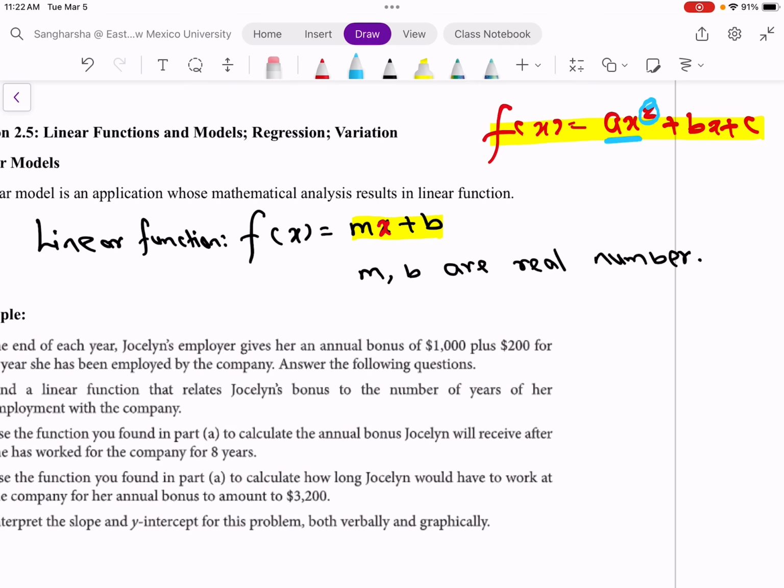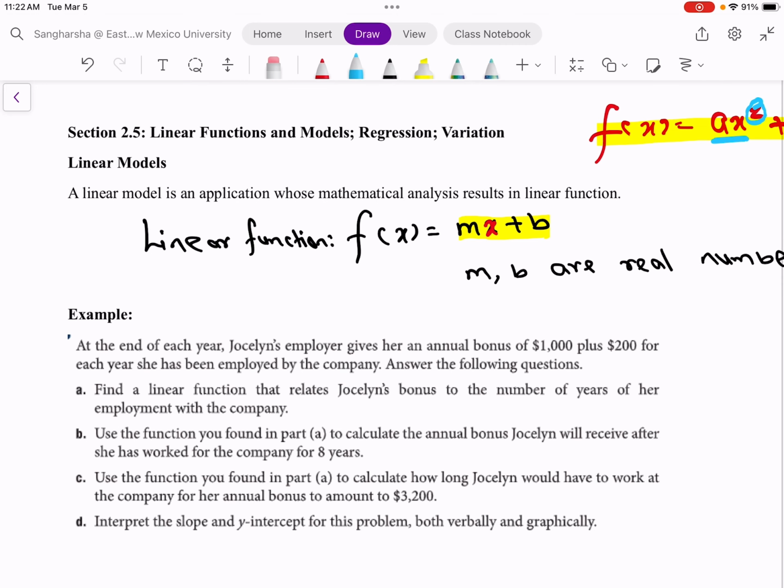In this section we will use this linear function as a mathematical model, and with its help we will make a prediction, an estimation, or a decision. Now let's go to an example, then it will be more clear.